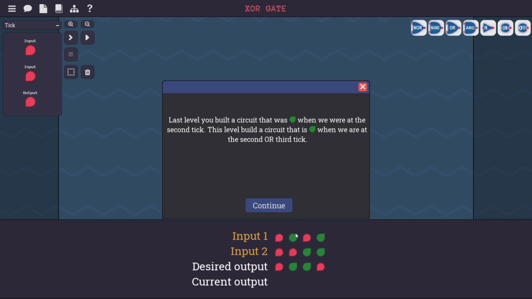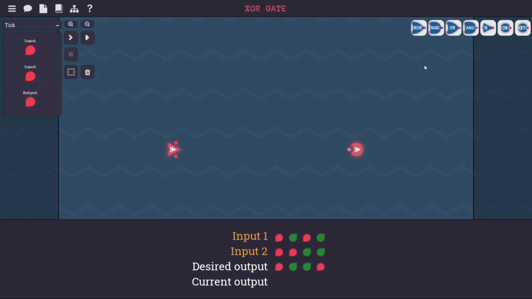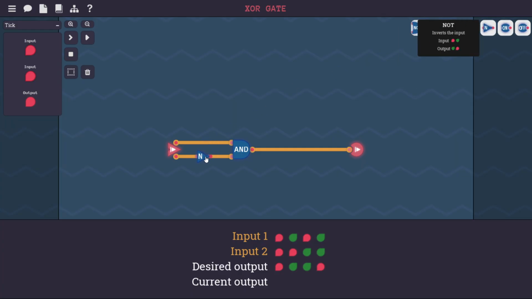Right now, last time we just had these tickers on. And now we're told that both of these are on. So let's just start at constructing the previous one that we created. So we had two inputs, we had an AND gate, we had our outputs come through the gates, and we also had our second input inverted, and this satisfies just a green on this second tick.